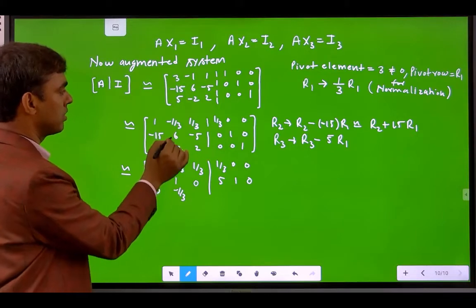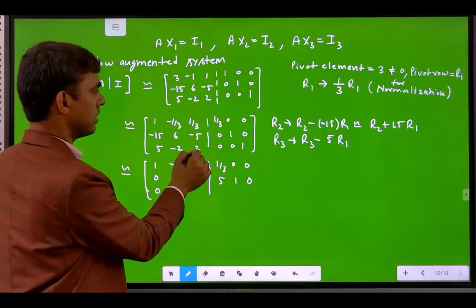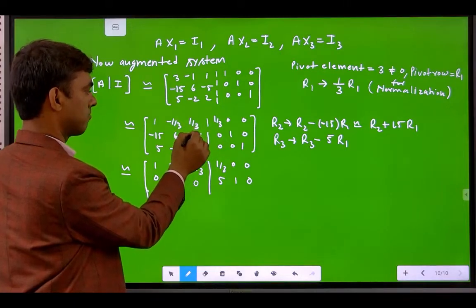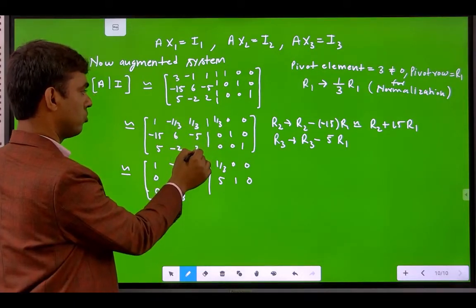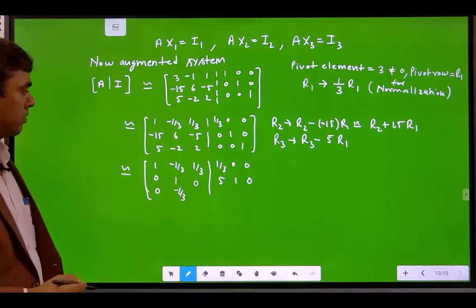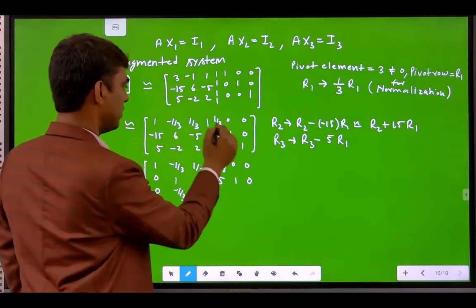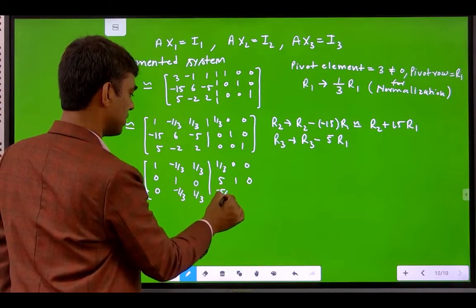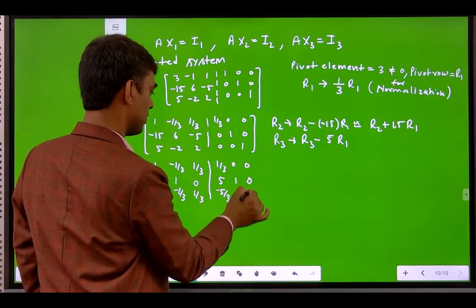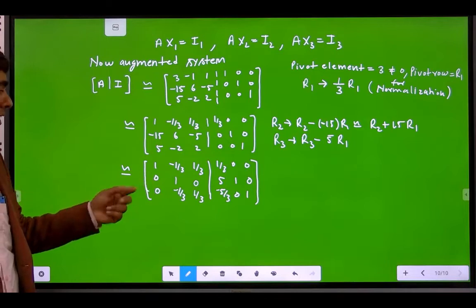And the second one is 2 minus 5 by 3, which means 6 by 3... so this is 1 by 3. And this is R3 minus 5 by 3, so 5 by 3 minus 5 by 3, which is 0, and this one is 1. So here we eliminate the first variable from the second and third equations.